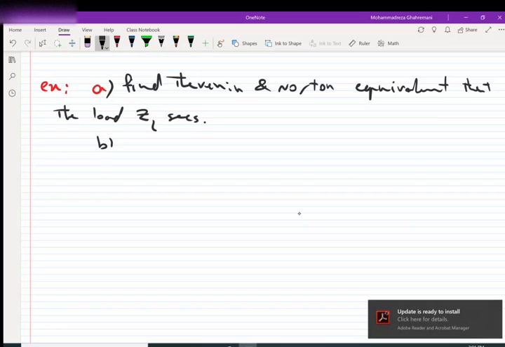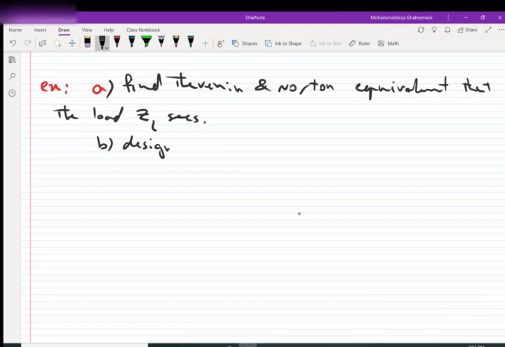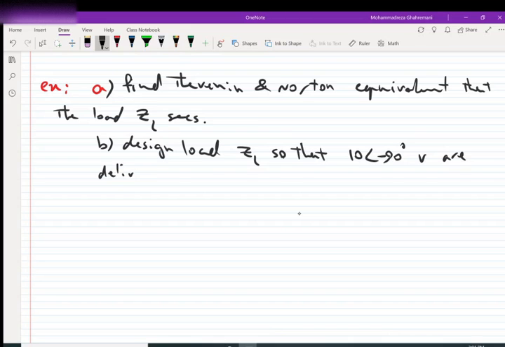Part B, design the load ZL so that 10 with the angle of -90 degree volt is delivered across it.